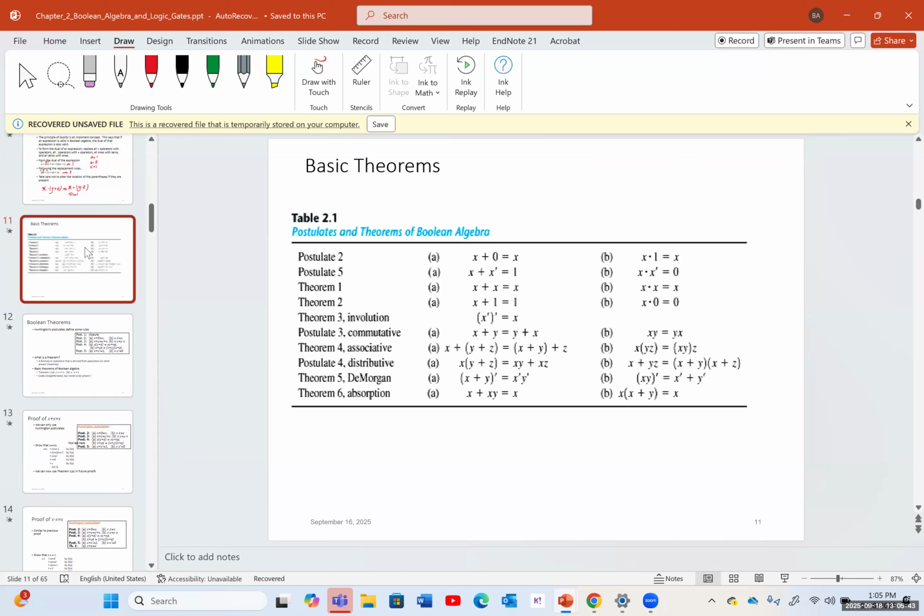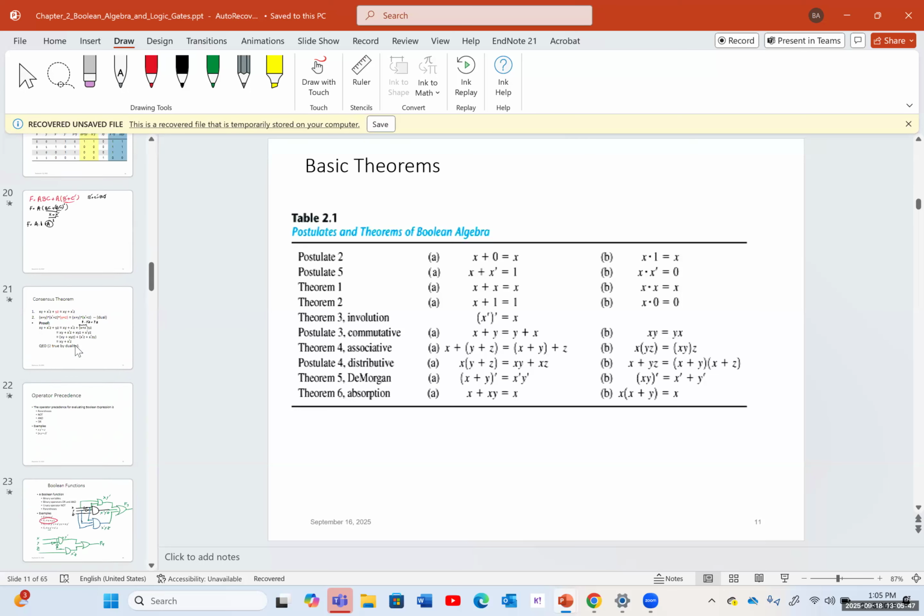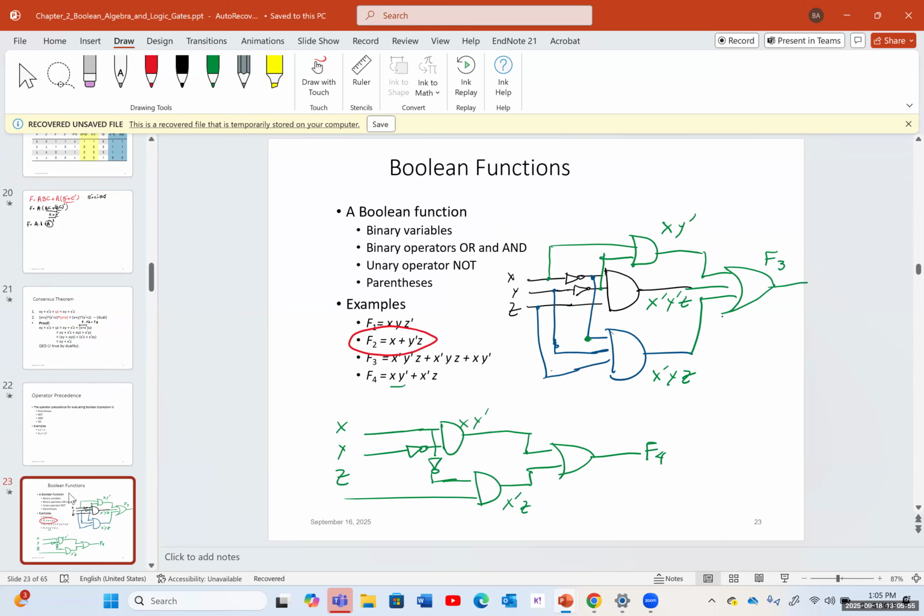The reason that we want to simplify it is that if we simplify a Boolean function, we reduce the number of gates. And by reducing the number of gates, we can make the system more efficient, faster, and simpler. And I give you some examples.